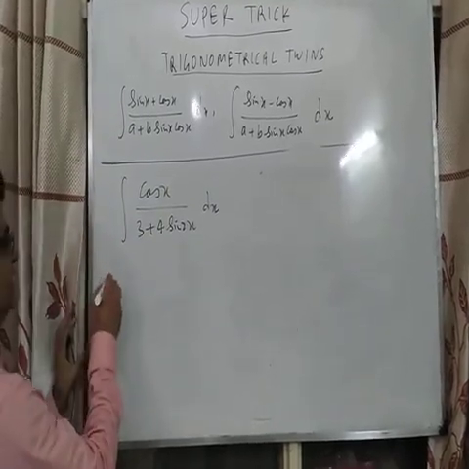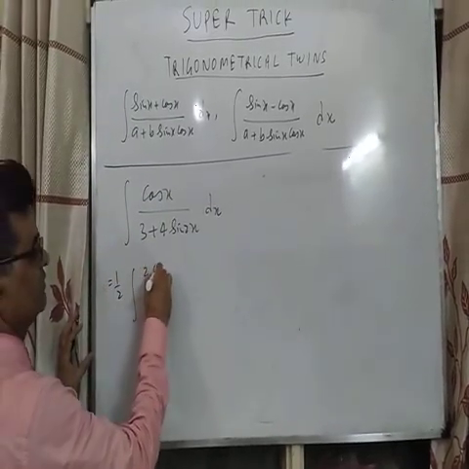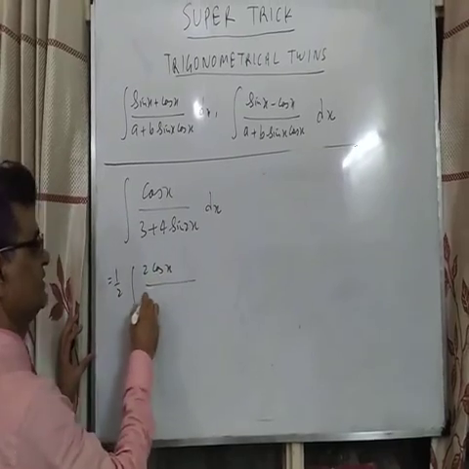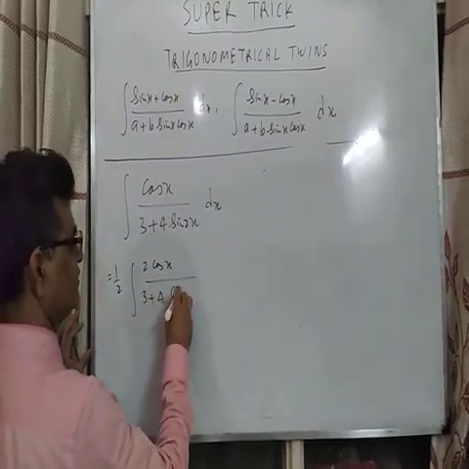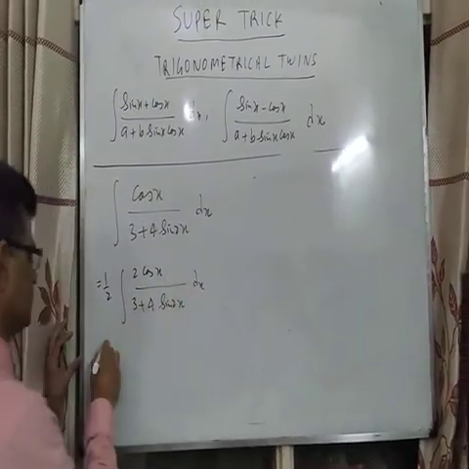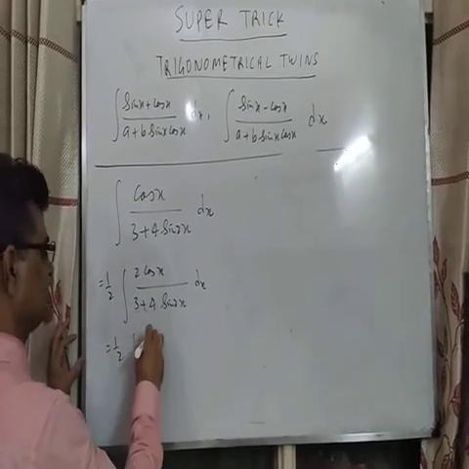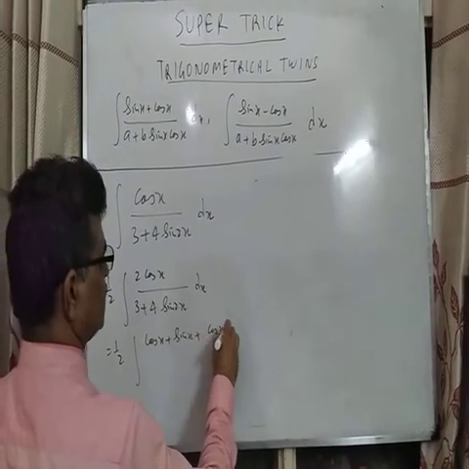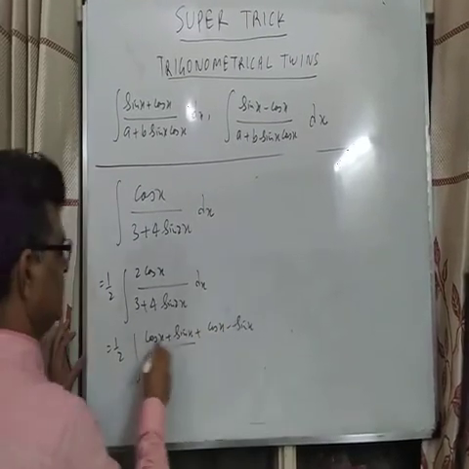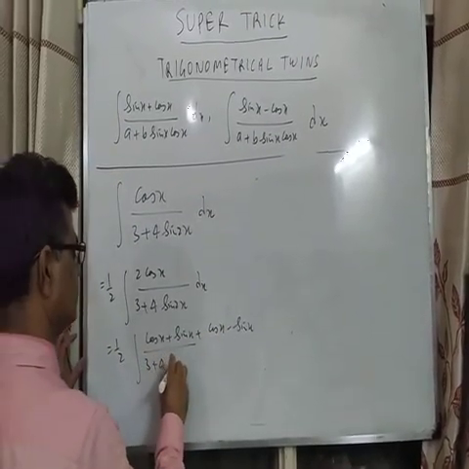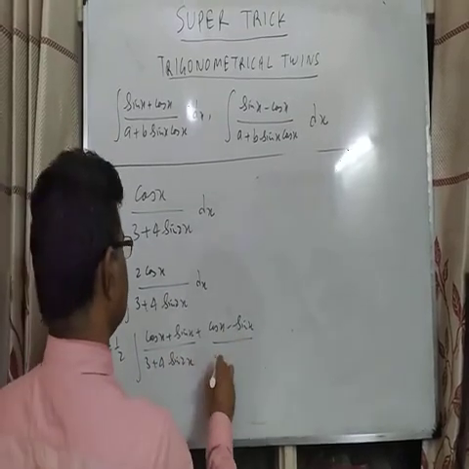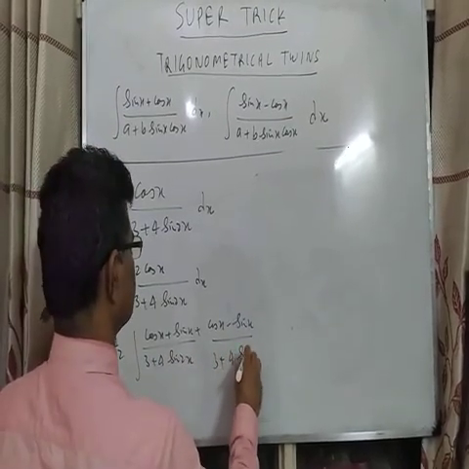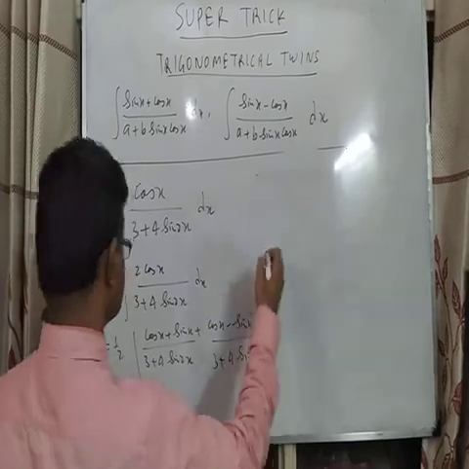So we are doing it like 1 by 2 times twice cos x upon 3 plus 4 sin 2x dx. So we can write it as cos x plus sin x plus cos x minus sin x, upon 3 plus 4 sin 2x dx.